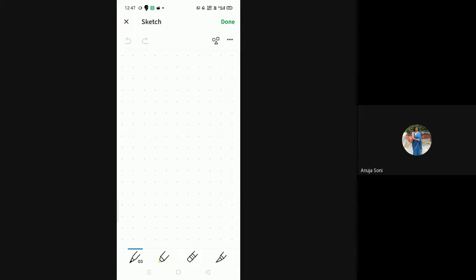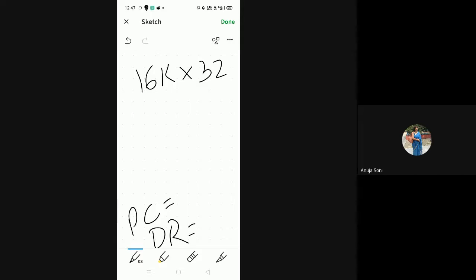Okay, so the question says that if total memory space accessed by CPU is 16K into 32 bits, that means 16K words, and each word will occupy 32 bits, then how many bits are required in PC and DR? First of all, 16K is the total number of words, and just like Yash explained, K here stands for the quantity kilo.